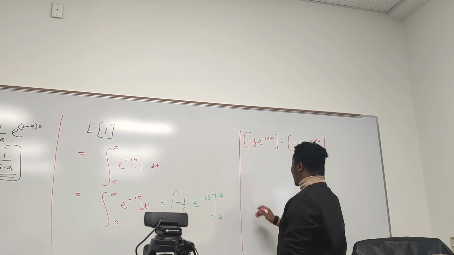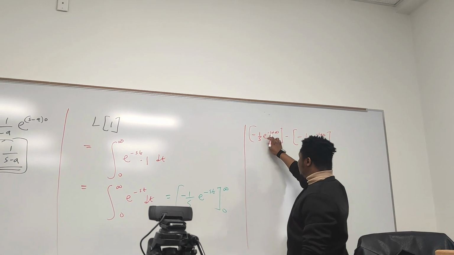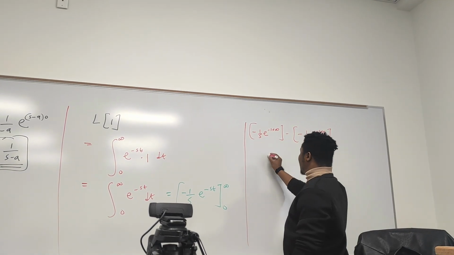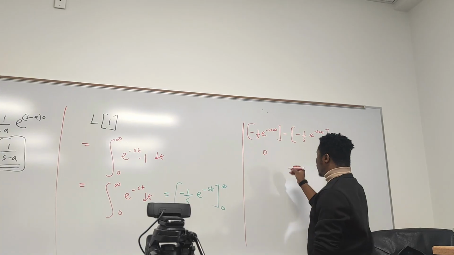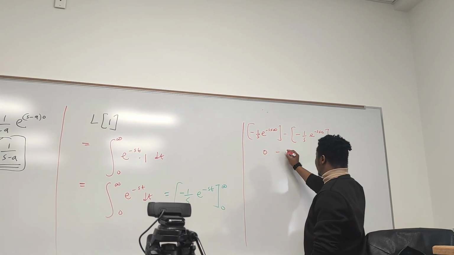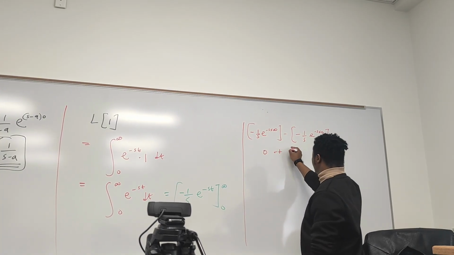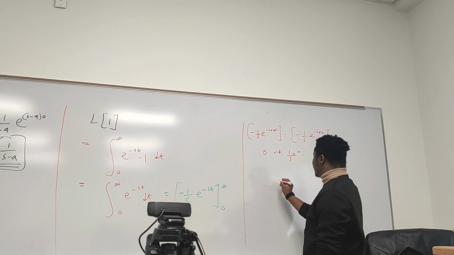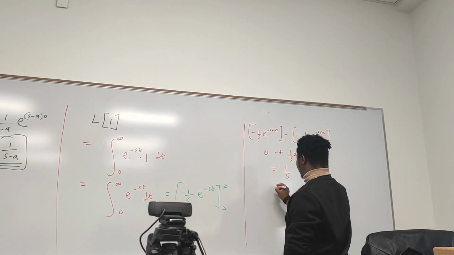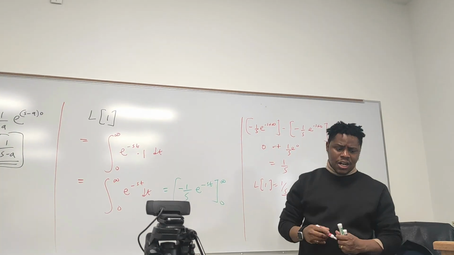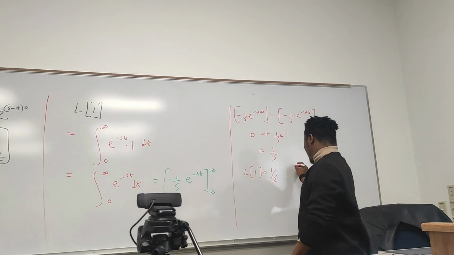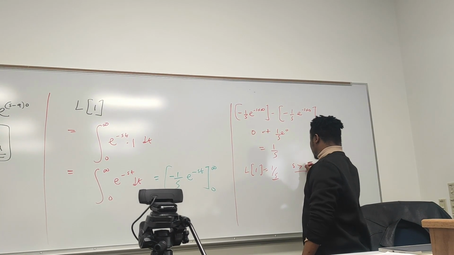Exponential minus infinity is 0 because it becomes so small. Minus times minus is plus, so it's plus 1 over s times exponential 0, and that would be 1 over s. So the Laplace of 1 is 1 over s, as long as s is greater than 0.